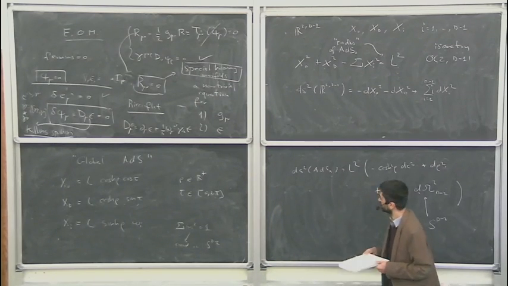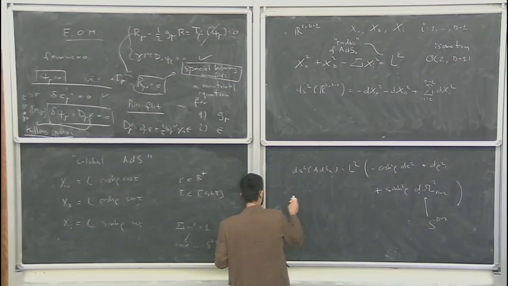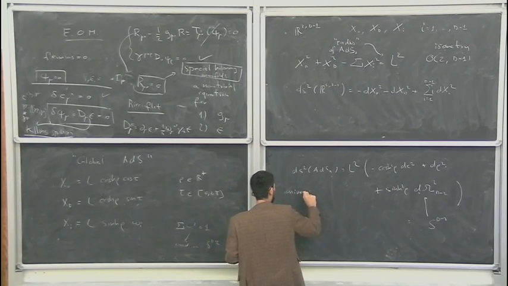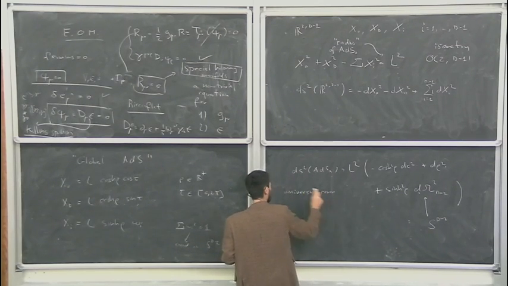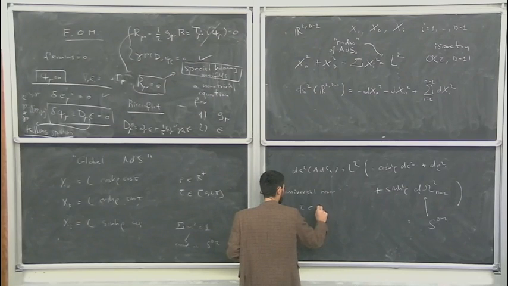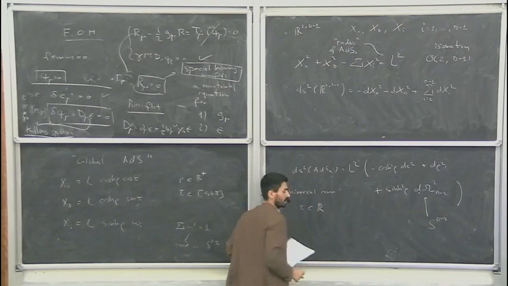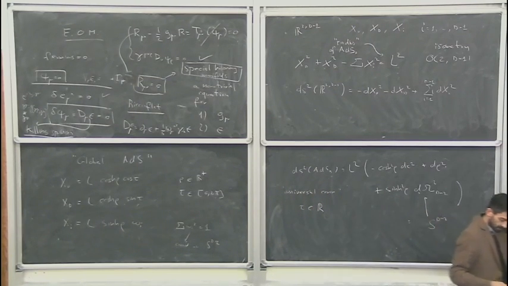So the technical thing that we do is that we take the so-called universal cover, which means that we take tau in R, so it can be any real number.